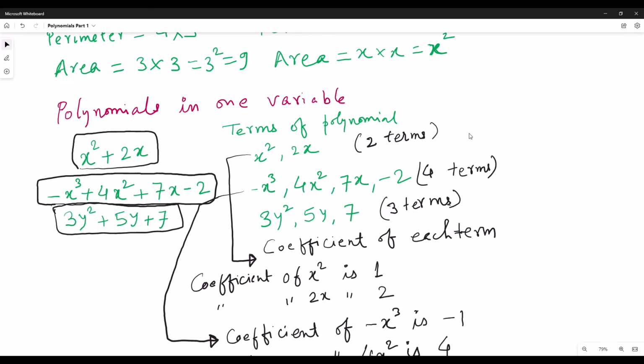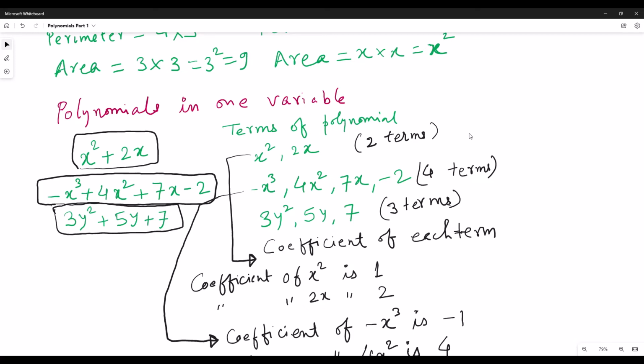Like x square plus 2x, the number of terms is 2. 3y square plus 5y plus 7, the terms are 3. So this is called the terms of a polynomial. So for minus x cube plus 4x square plus 7x minus 2, there are 4 terms in this expression: minus x cube, 4x square, 7x, minus 2. So these are the terms.